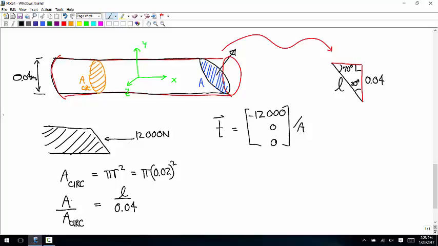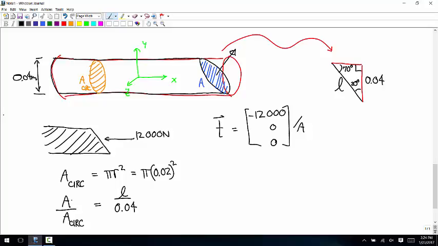Since all you're doing is stretching that circle up, all you're doing to the area is increasing it by the amount that you stretch it up. You're not changing the width at all.